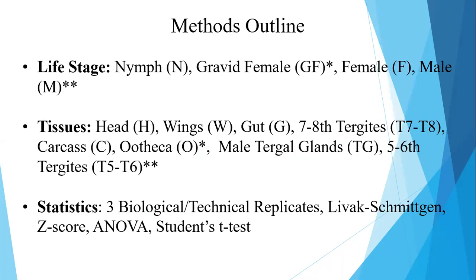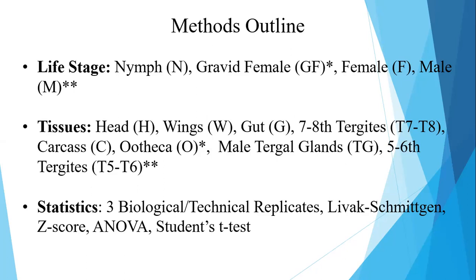Our life stages that we used were nymphs, gravid females, which is just another name for females that are pregnant, that their eggs have been fertilized. We also used females, which are females that haven't mated, and males, which also have not mated. And so we looked at the head, the wings, the gut, the 1st through 7th tergites.